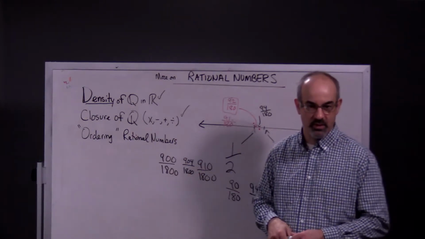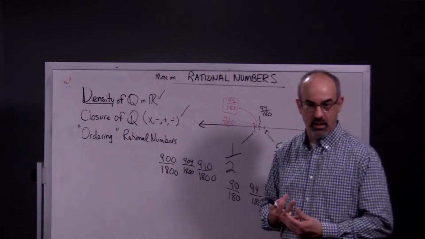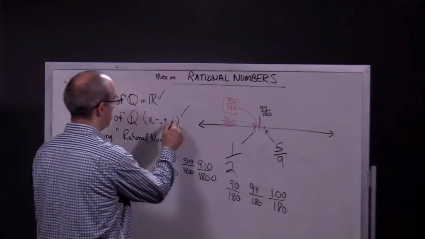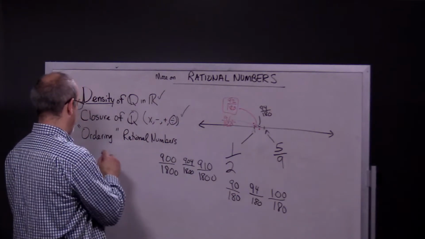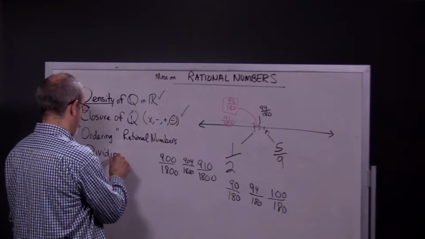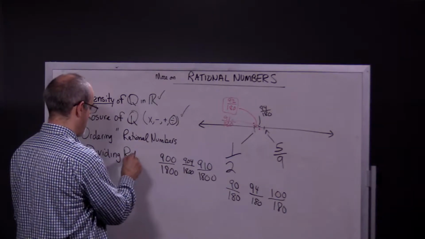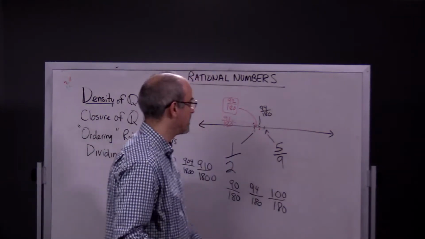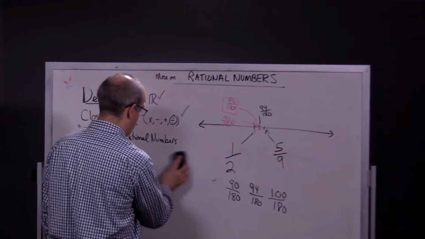Subtract, add them, you're going to get a rational number. I don't remember if I talked about dividing rational numbers, so I'll talk about that too. I was supposed to. I know I did a video where I did all the operations, but I think I might have skipped division.